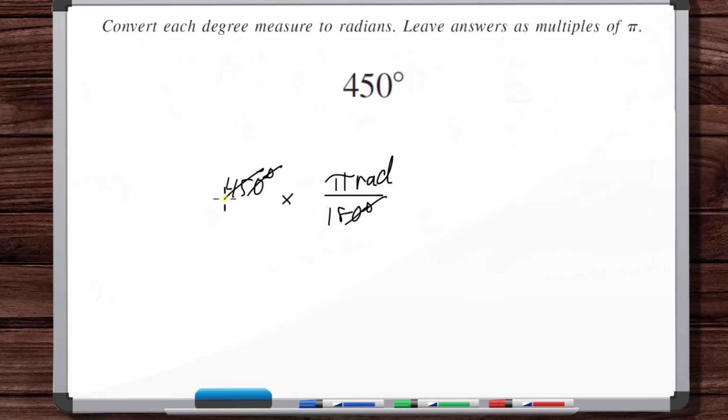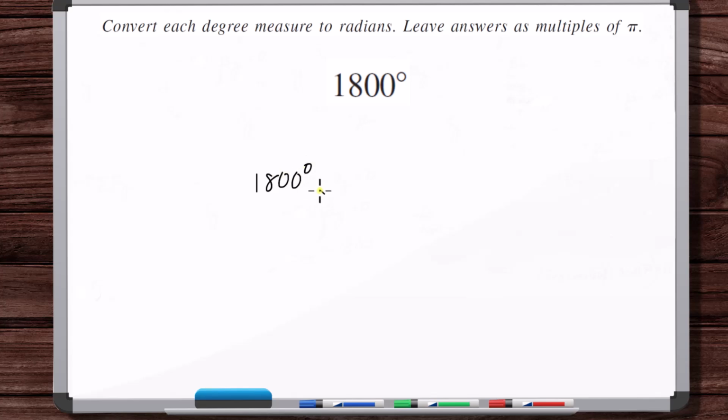45 divided by 9 is 5. 18 divided by 9 is 2. 180 divided by 18 is 10. 18 divided by 18, so this is 10 pi.